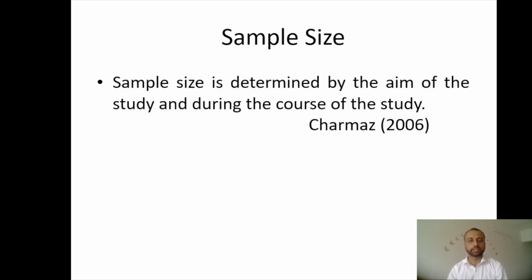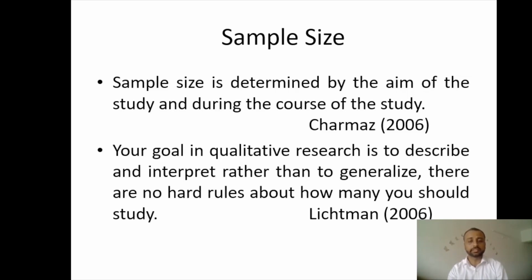So rather than deciding upon a sample size to begin with, you go through the process of data collection and gradually you decide. The moment you feel that you have got data saturation, or you have started getting the same kinds of responses, that is the point. I would like to emphasize again that it's not important how many people you talk to, it is rather important whom you talk to.